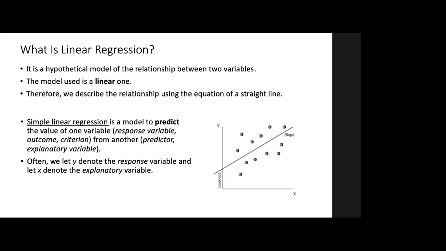Typically, when you read introductory textbooks, the response variable is denoted by y. So the letter y denotes the response variable, and the letter x denotes the explanatory variable. But that is completely arbitrary, so don't get too attached to these letters.